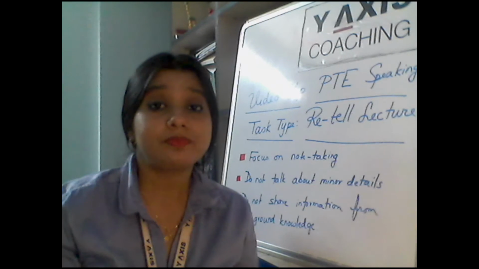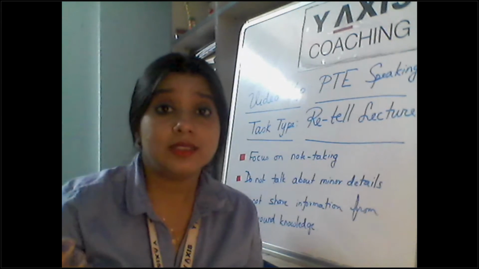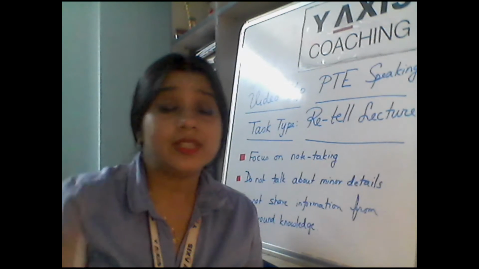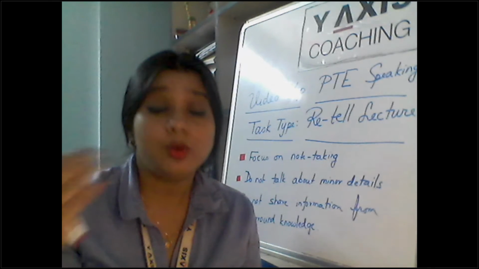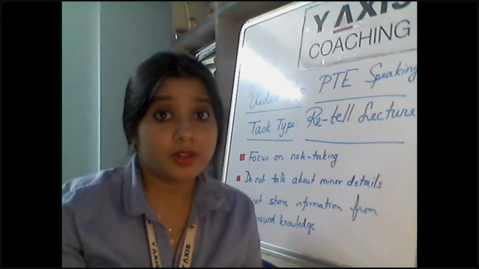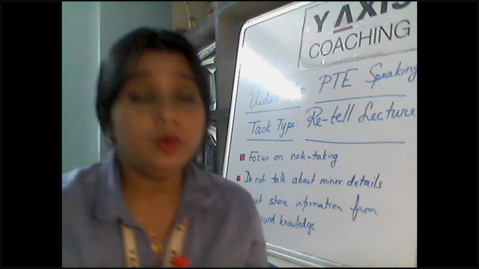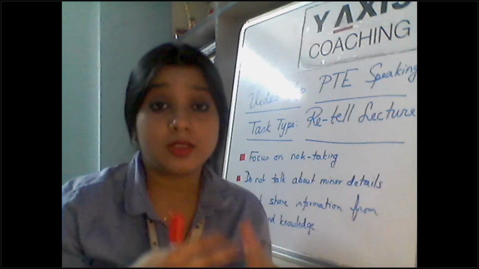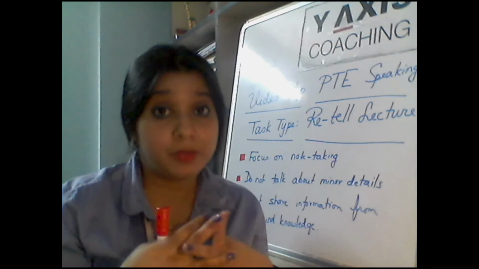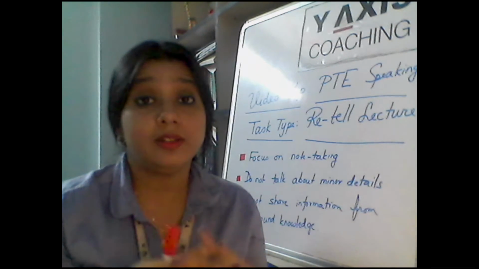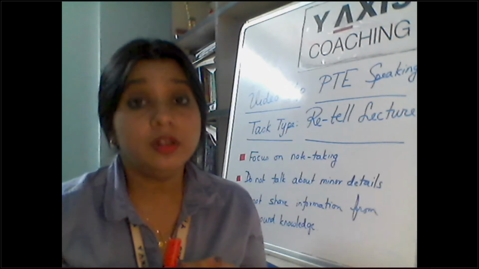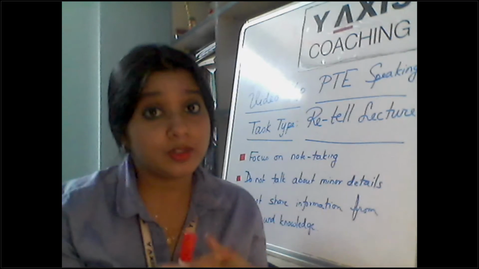Fine. And yes, you are retelling the lecture in your own words, so good language construction has a role to play. Now, here I have a tip for you. Always when you start the speech, your condensed version of the lecture, mention what the lecture was all about.